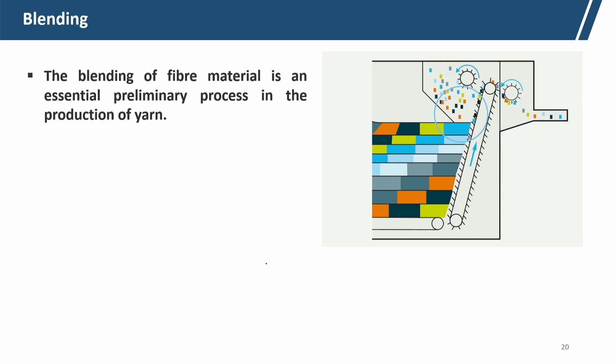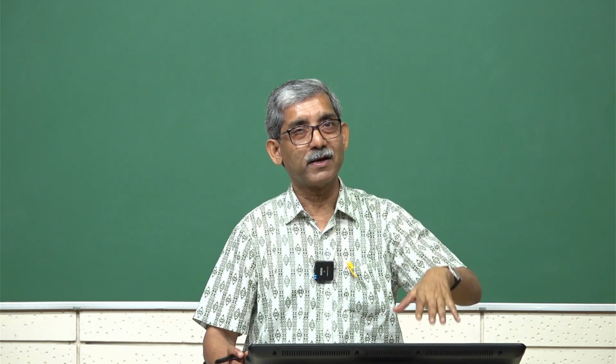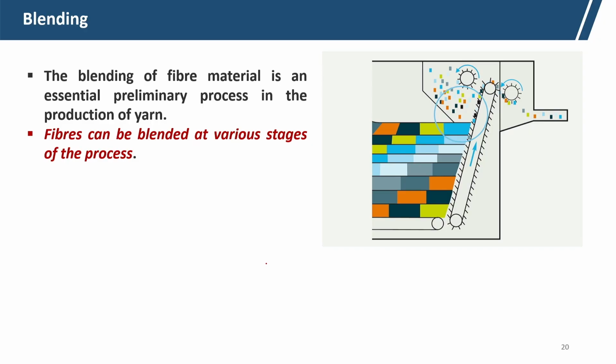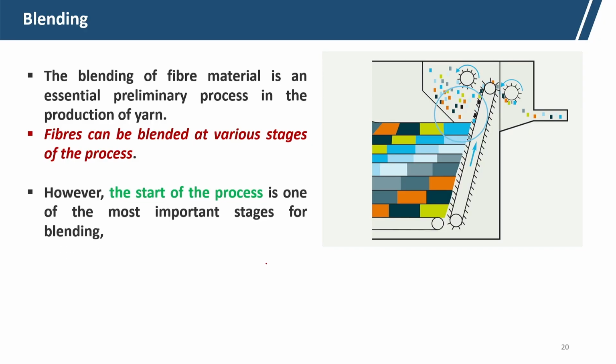It is done at different stages, but it starts from the blow room section. Fibers can be blended at various stages of processes like blow room, carding, draw frame. So, everywhere we can blend the fiber.